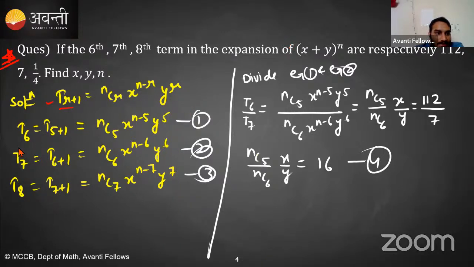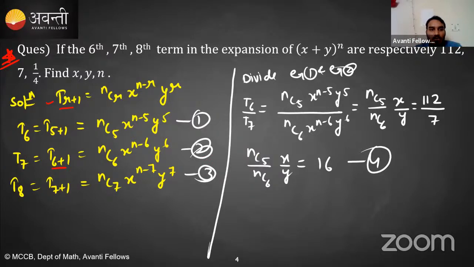And T7 can be written as T(6+1), nC6 x^(n-6) y^6, and T8 can be written as T(7+1), nC7 x^(n-7) y^7. Then call these equations 1, 2, 3. So far we have just written the 6th, 7th, and 8th terms.